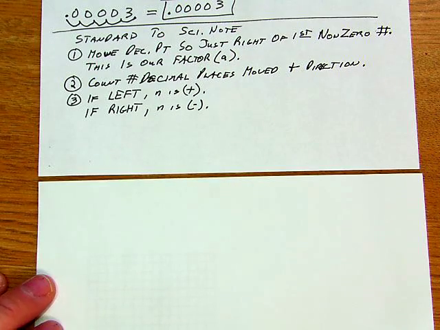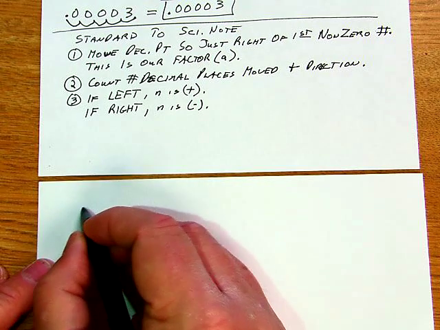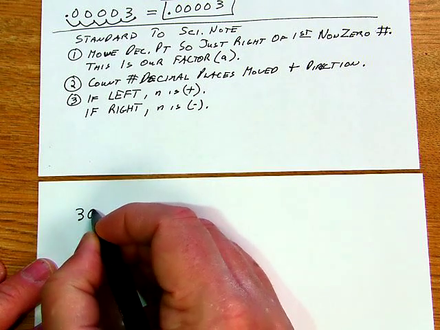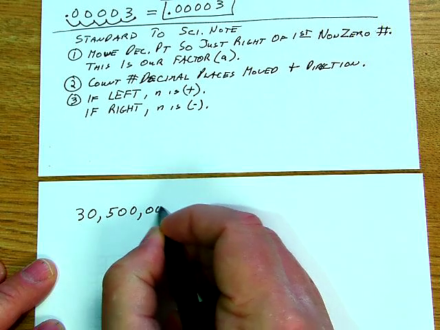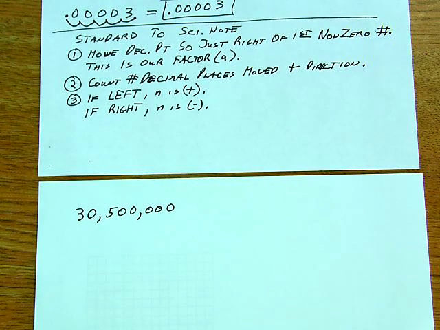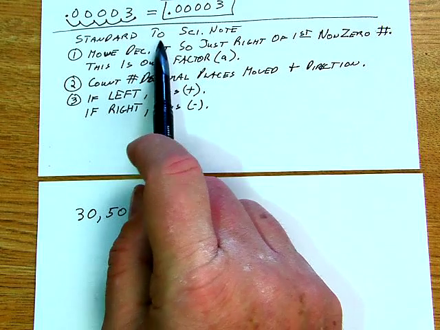All right, let's say our number is a large number. Let's try 30,500,000. Now that's a large number. We want to write it in scientific notation. So we're going to follow our rules, standard number, and we're going to write it in scientific notation.